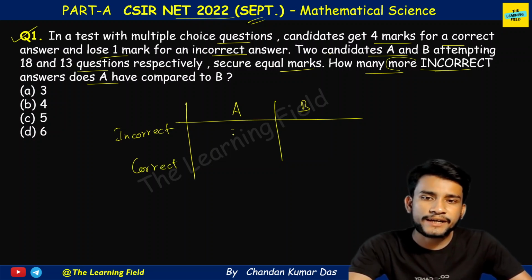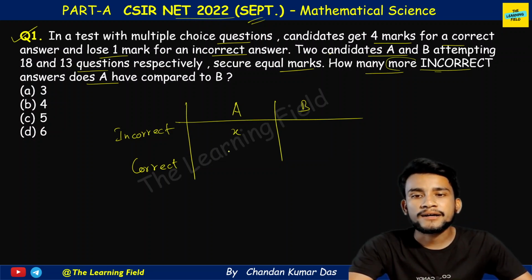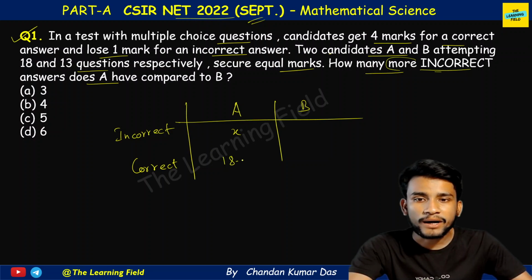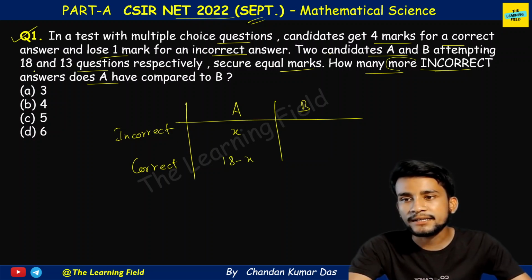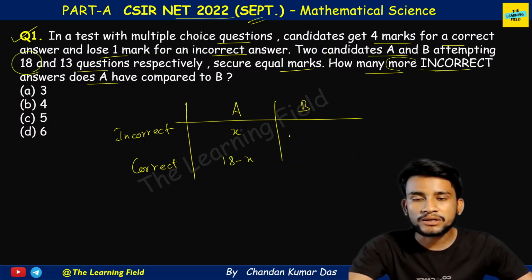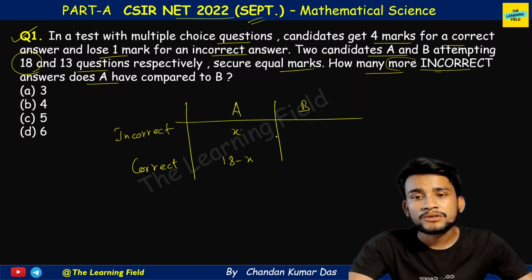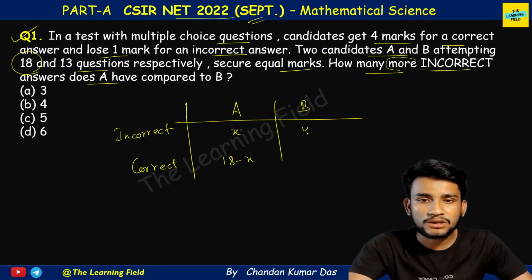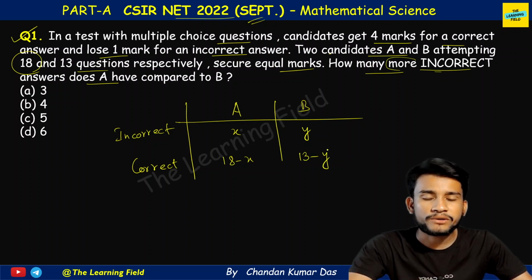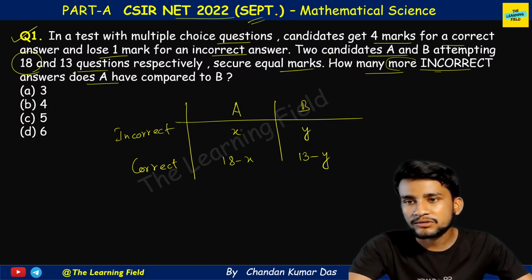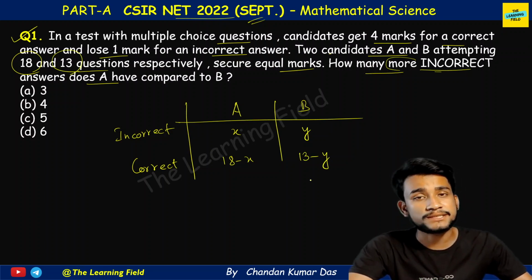Suppose A did x incorrect answers, and therefore the correct answers of A should be 18 minus x, because A attempted 18 questions in total. Suppose B did y incorrect questions, therefore the total correct questions of B is 13 minus y, because B attempted 13 questions in the exam.